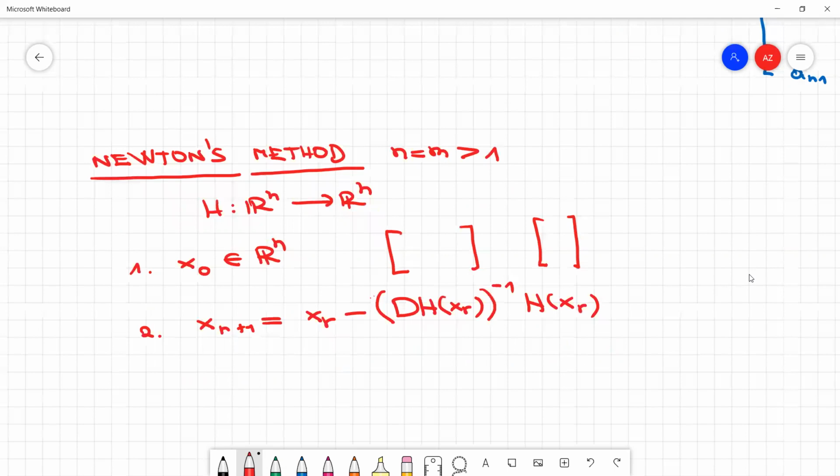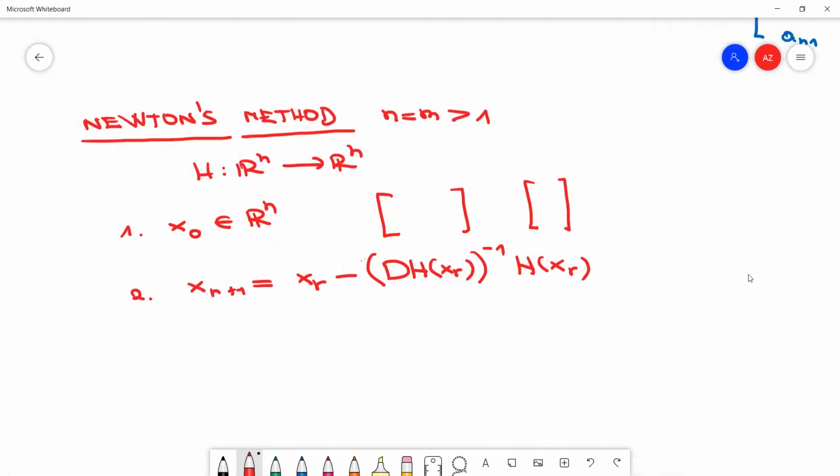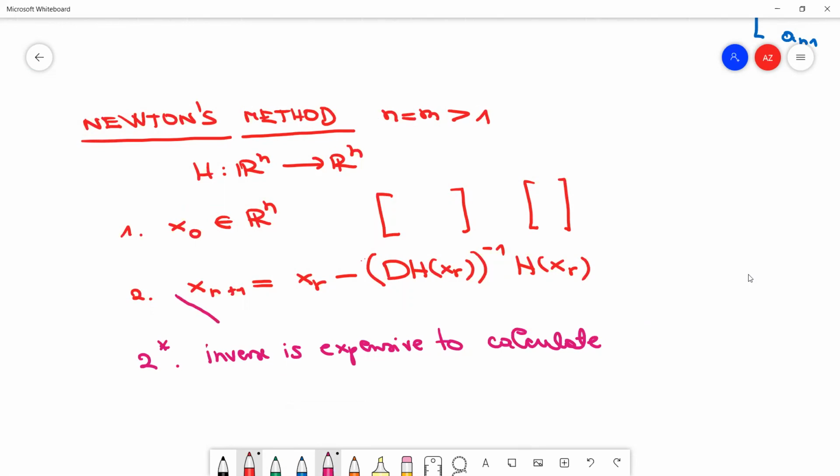However, inverses are very expensive to calculate. And this second step can be done in a more efficient way. So the inverse is expensive to calculate. What we rather do is multiply this second equation by the matrix dh in x r.